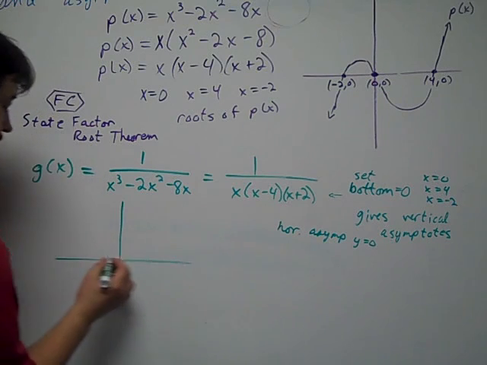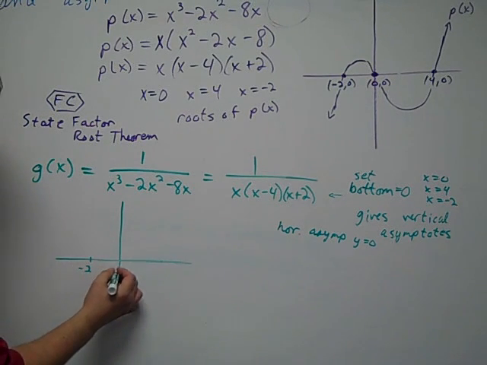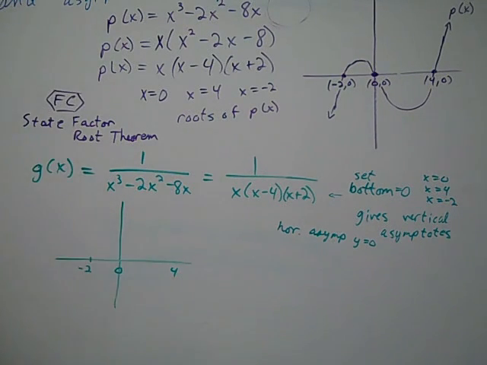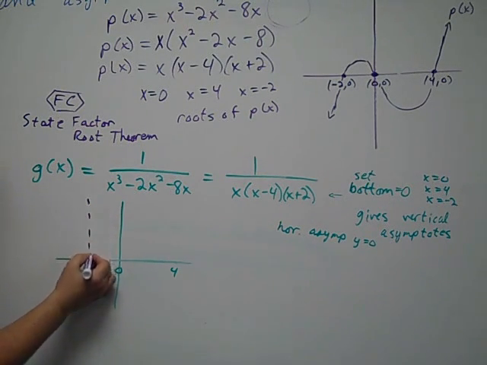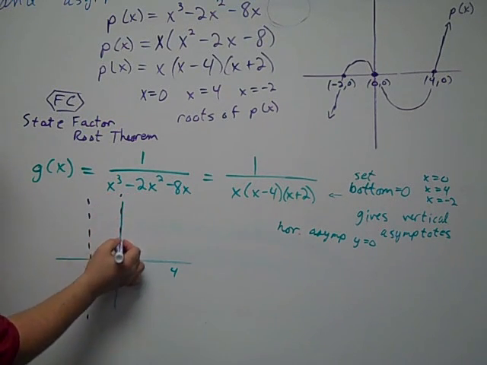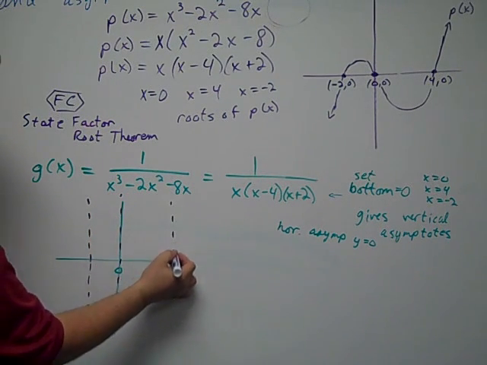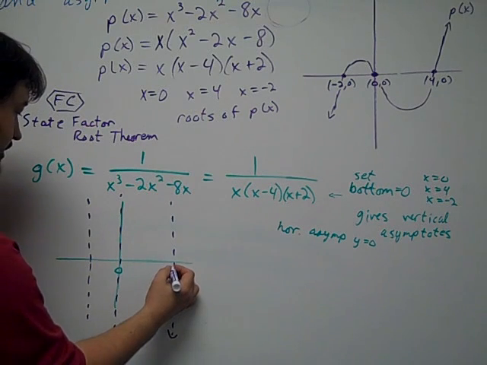Graphing this now, we mark negative 2, 0, 4. Let me get a little purple to make it pop. So we have a dashed line, and a dashed line, and a third dashed line.